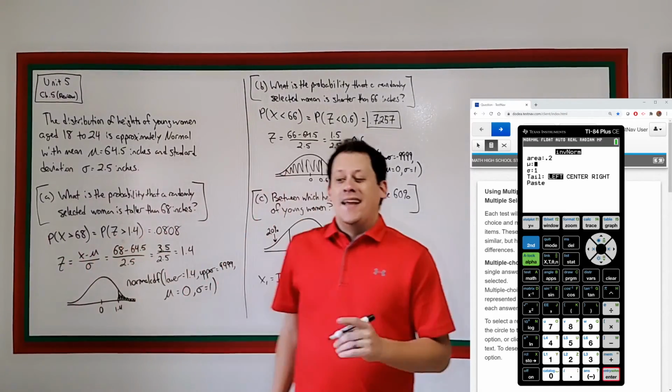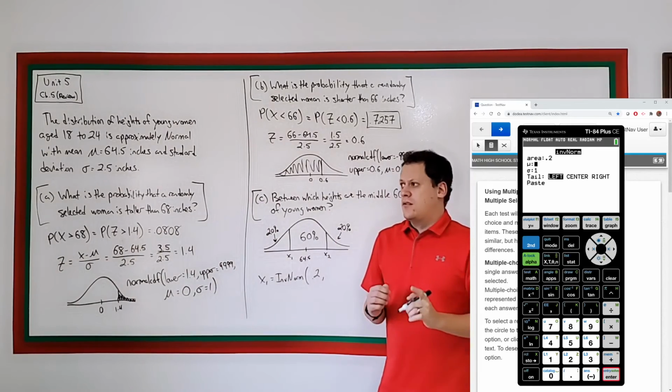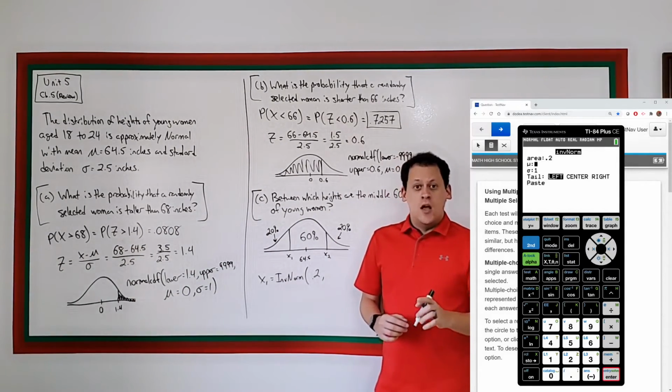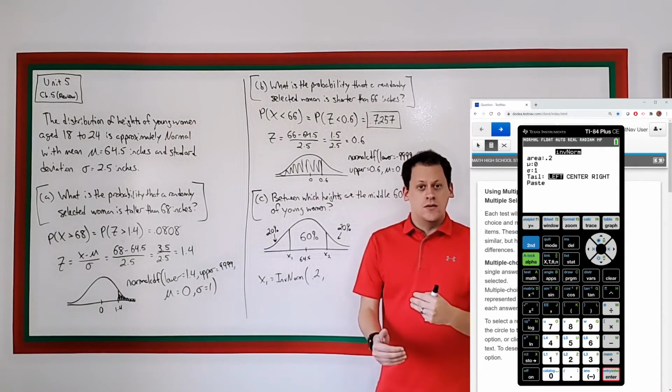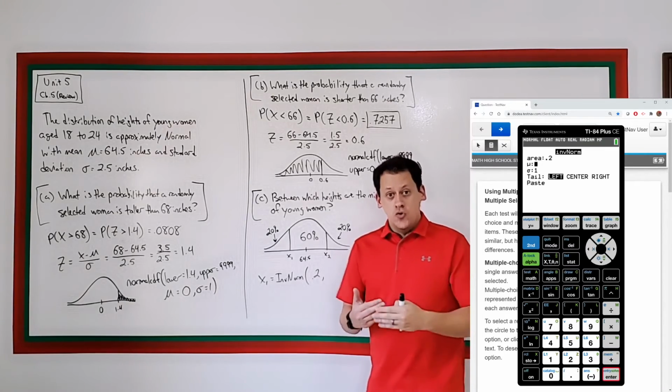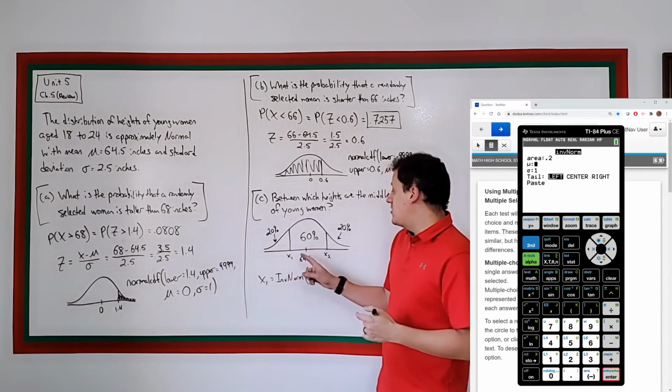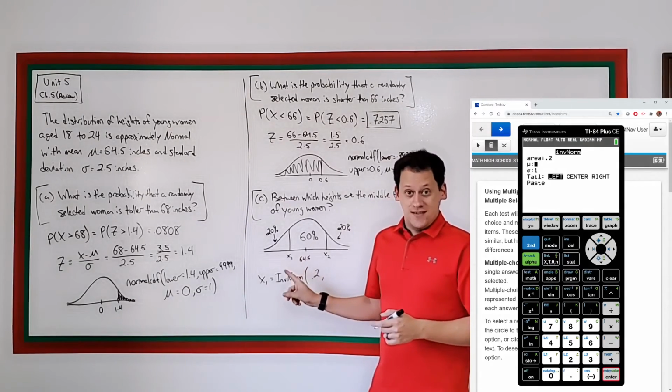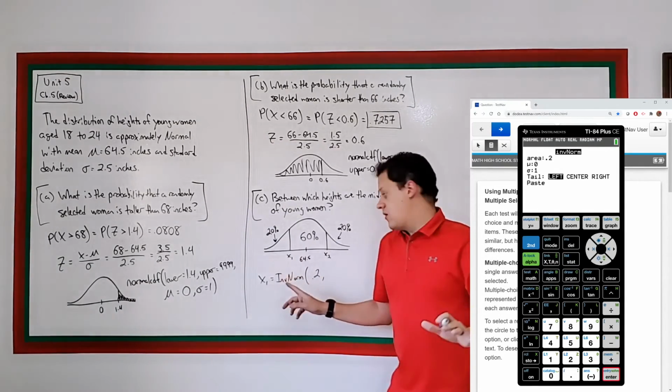Okay. And I don't remember when I first taught this in chapter 5, but you don't need to go through the z-scores using inverse norm. You can actually plug in the mean and standard deviation of the distribution as it is. You don't even have to go through z-scores.